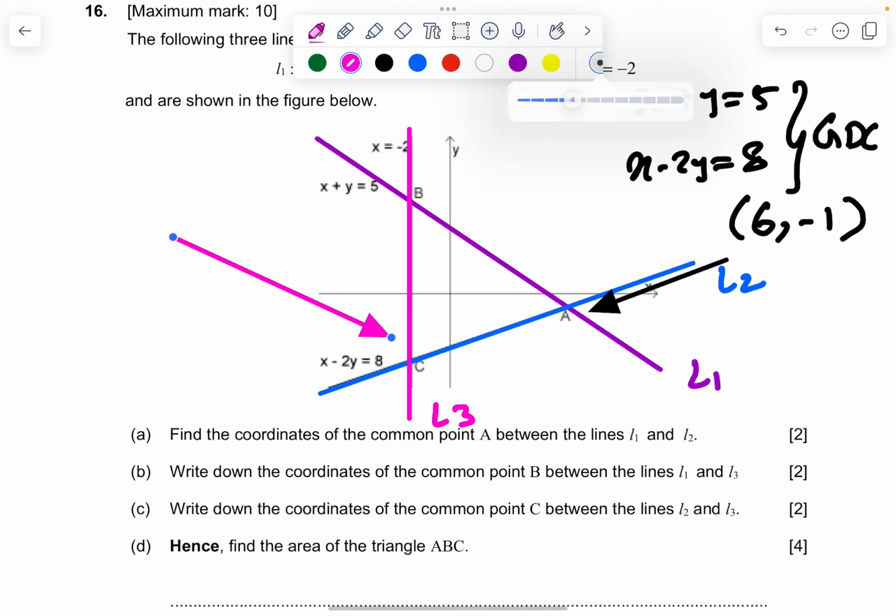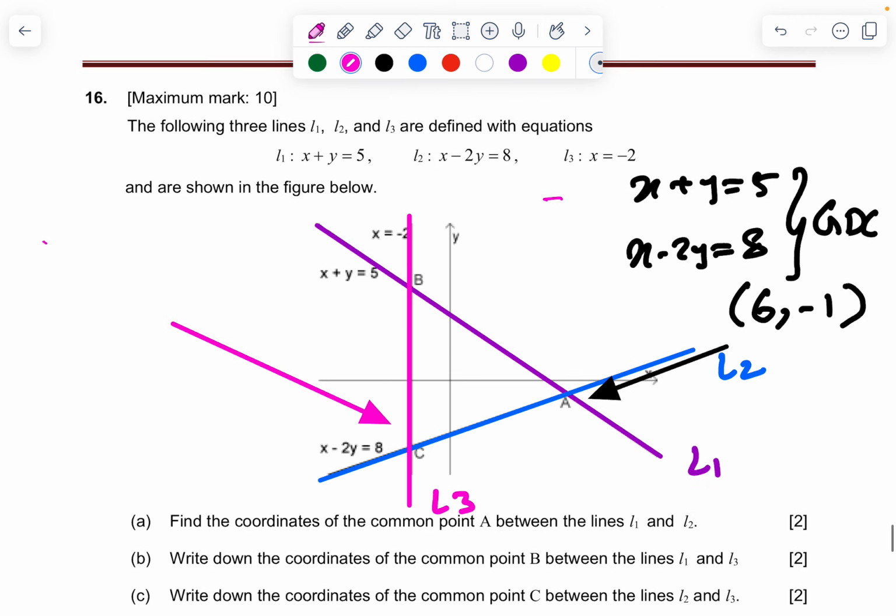So what is the working for that one? L1 and L3. L1 equation is x plus y equals 5 and L3 is x equals negative 2.